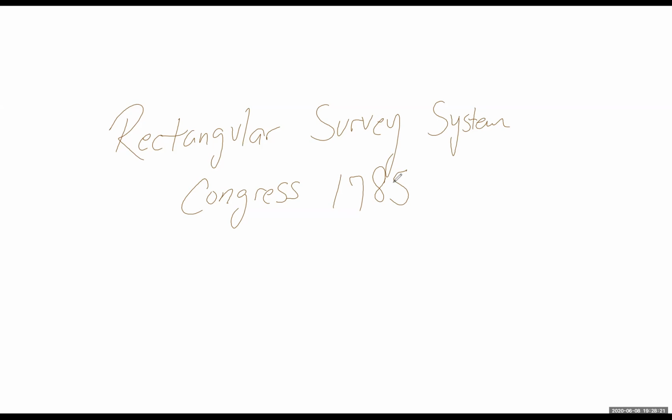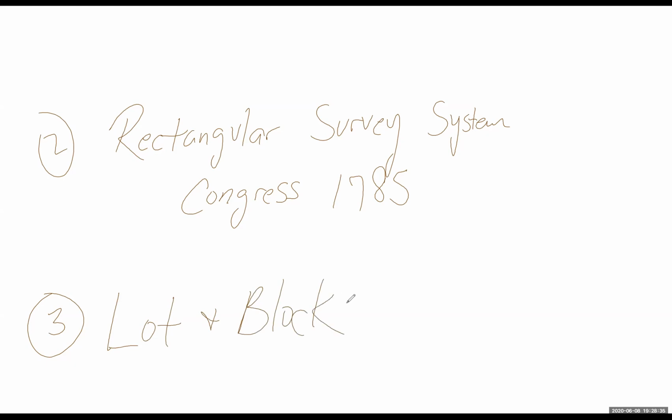Okay. And then, of course, the third one, so that's number 2. And who remembers the third one really quick before we move on? Lot and block, right? So let's look in our red book. I forget if there's anything really special under this unit, because a lot of times there necessarily isn't.